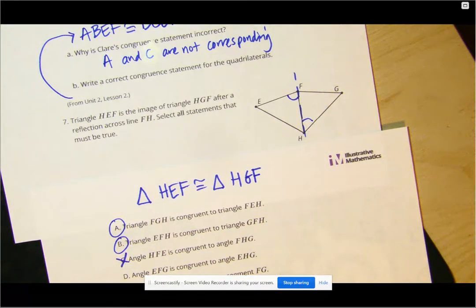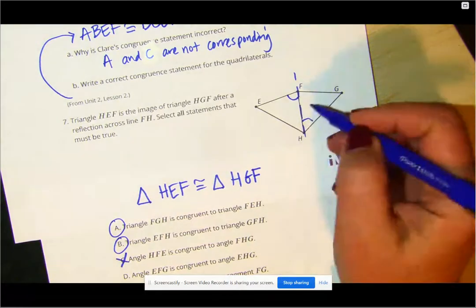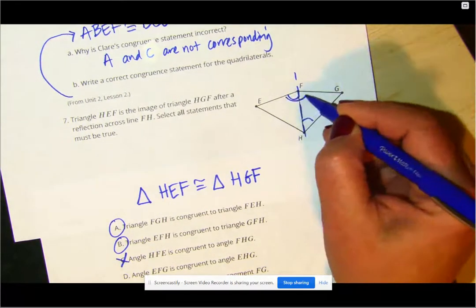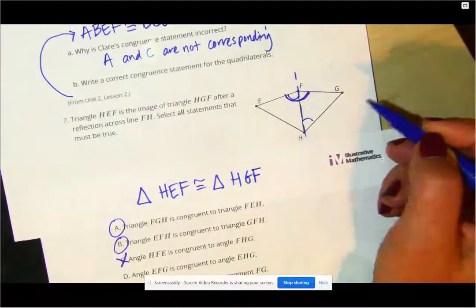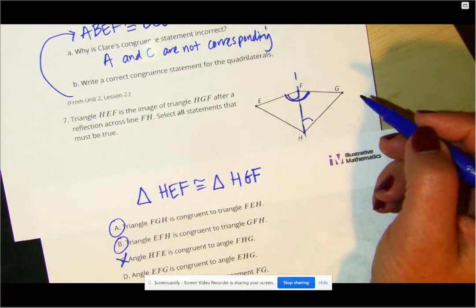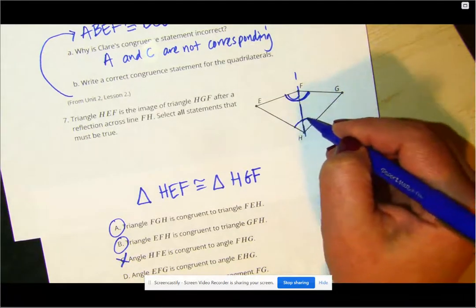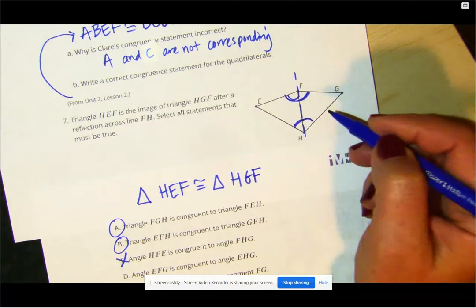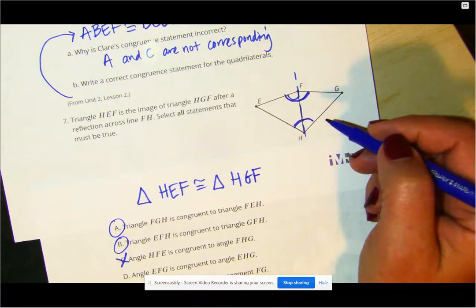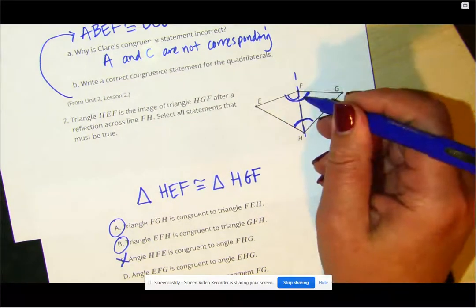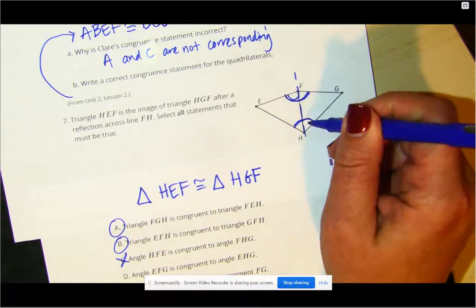Angle EFG, that's this big angle, is congruent to angle EHG. Not necessarily. Wait a sec. This is the same as this. No, those aren't the same. No.